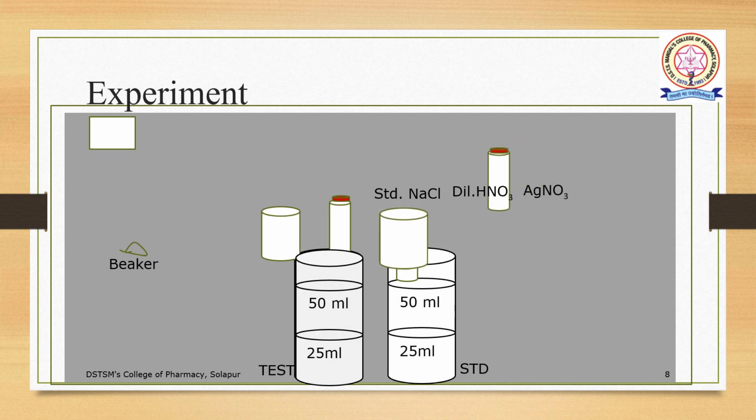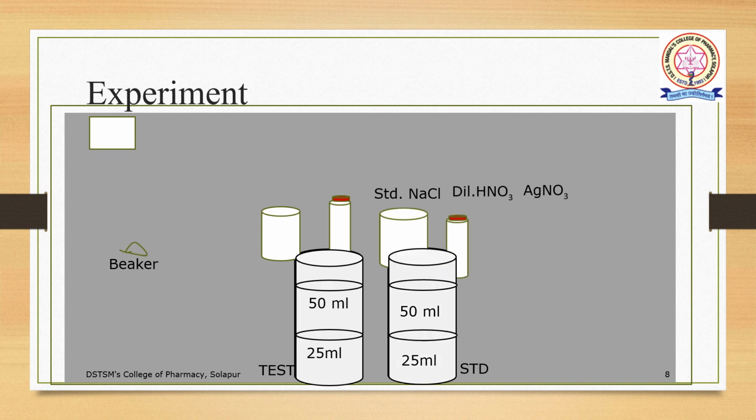standard solution. After this, 1 ml of silver nitrate solution is added in standard and in the test. Now the volume will become 51 ml, and we have to check the opalescence produced in the test solution, whether the opalescence is more than standard or less than standard.